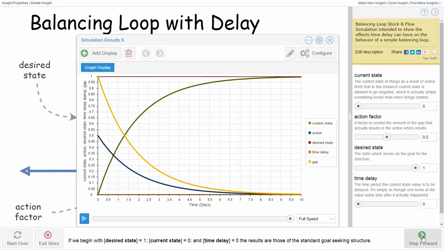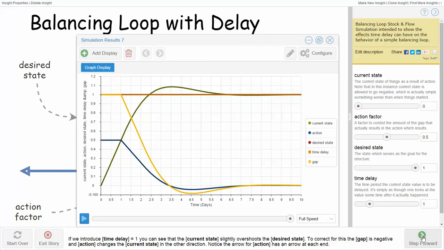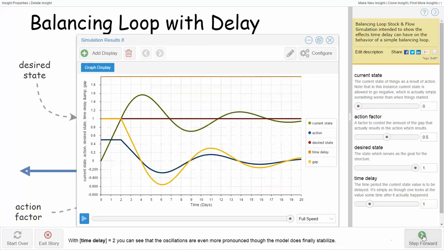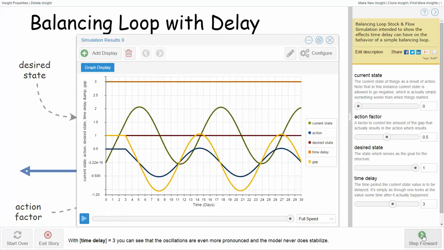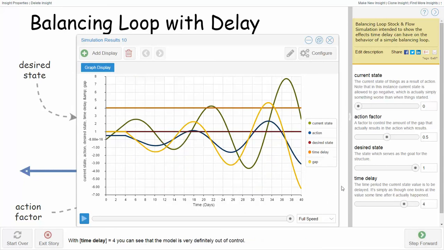Now, as we increase the time delay, the length of time between the time that the action happens and makes a change and we realize it, we notice that our actions actually overshoot the goal, and we have to take action to bring the current state back to what the goal was. And as we continue to increase the time delay, notice that the behavior of the simple balancing loop gets more and more chaotic until a point where it's absolutely out of control.